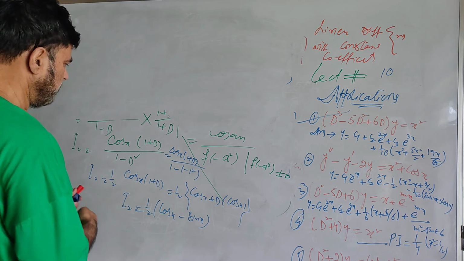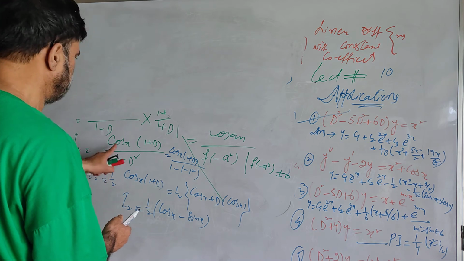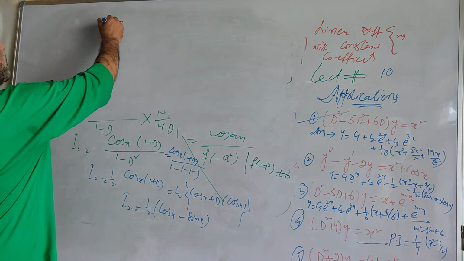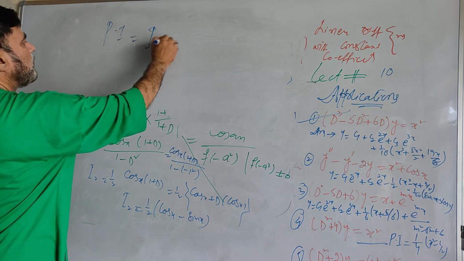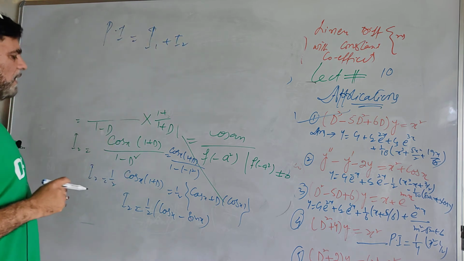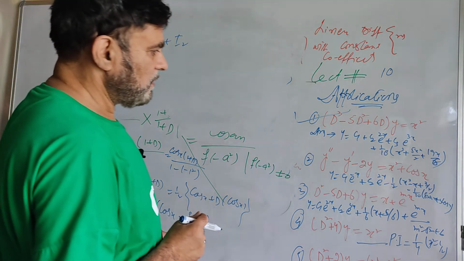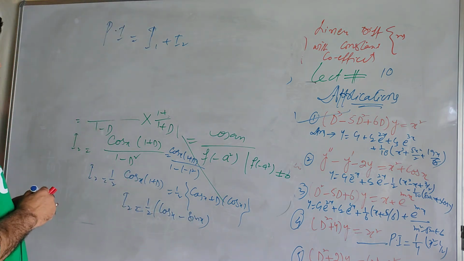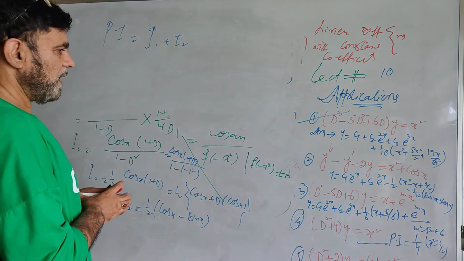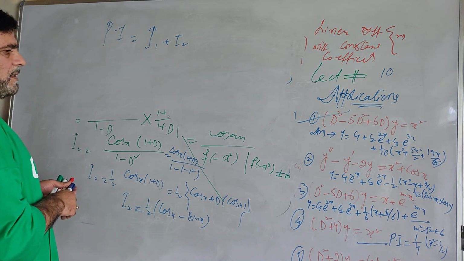Well, our particular integral is I1 plus I2. You use it here and you will get this I2 as 1 by 2 cos x plus sin x. This was for x square plus cos x, when it is d square minus d plus 2.